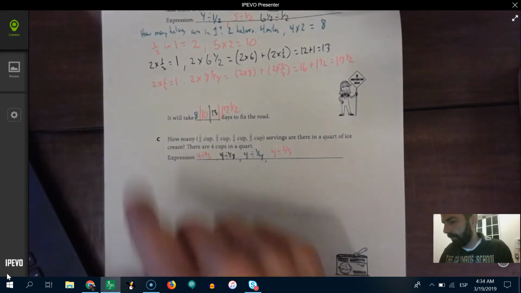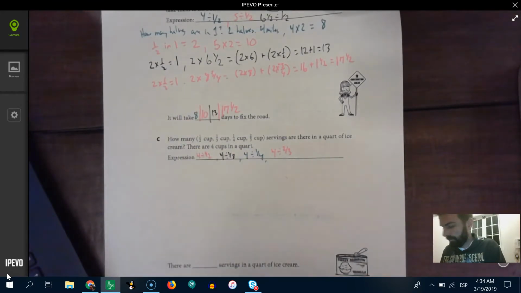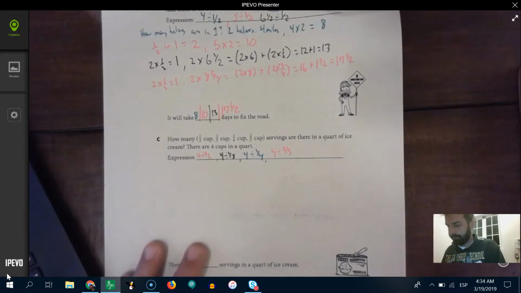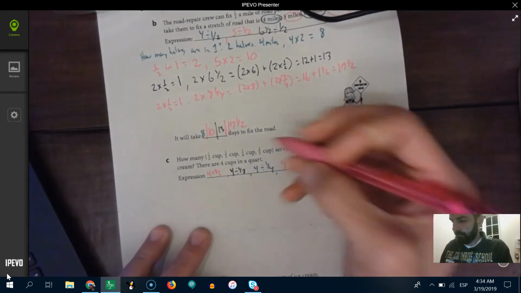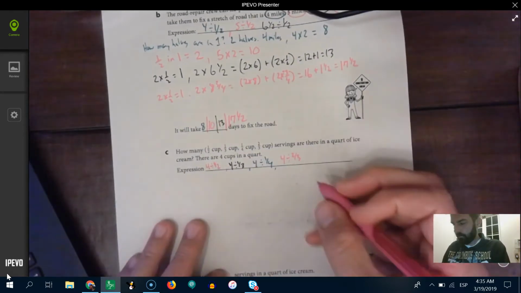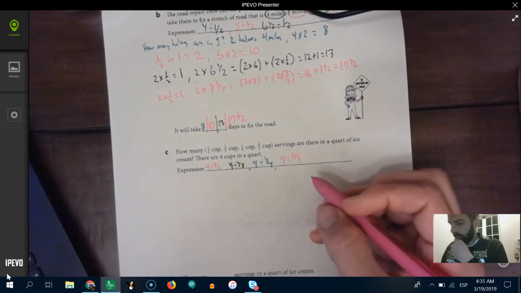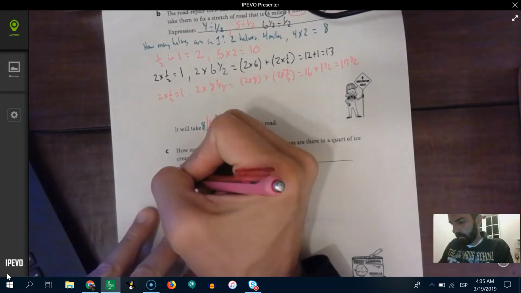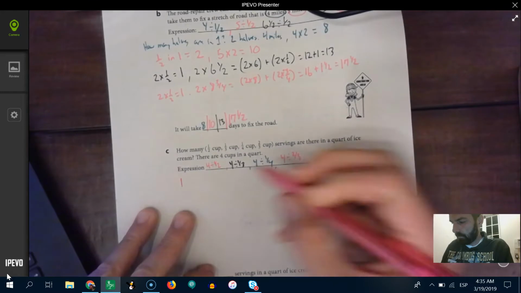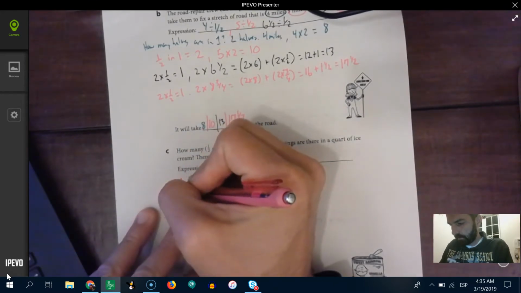Why did some of this work up here? If we set up each one the same, when I have cups, it's kind of like that first one I did.